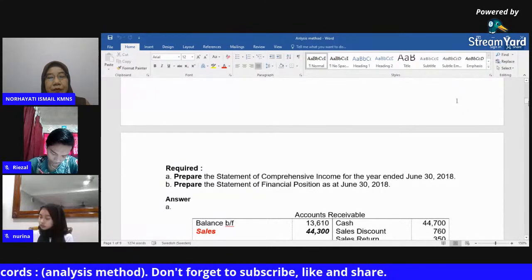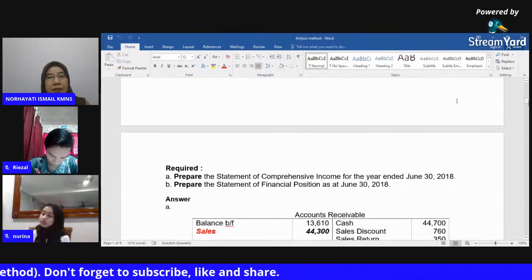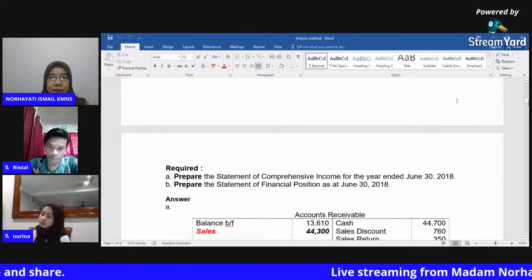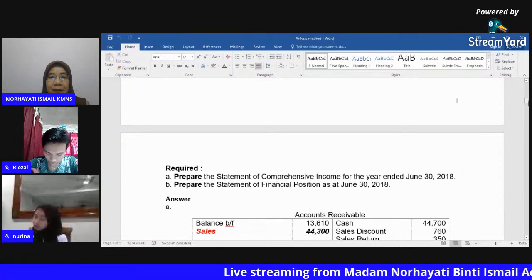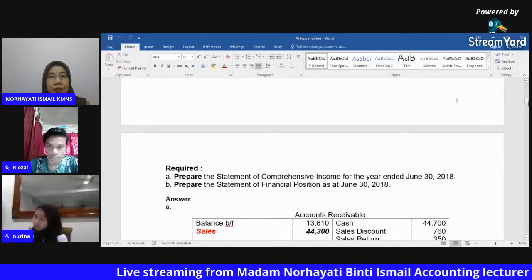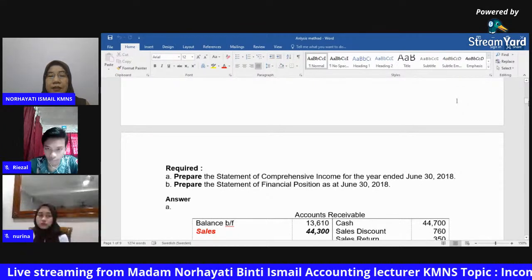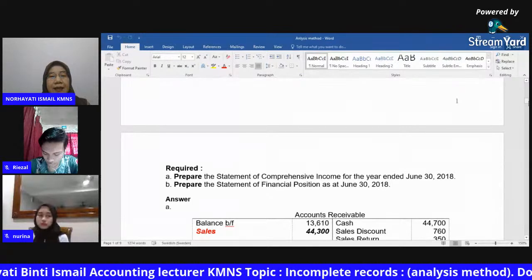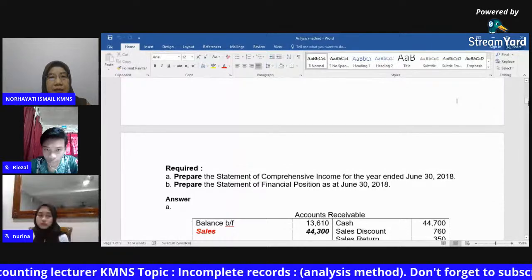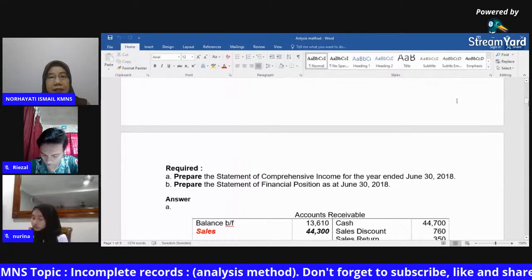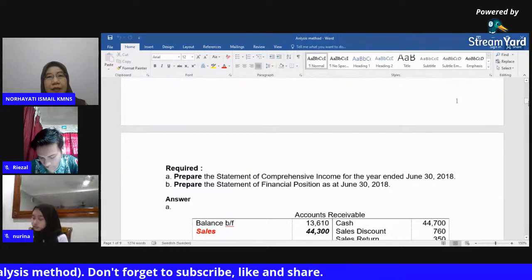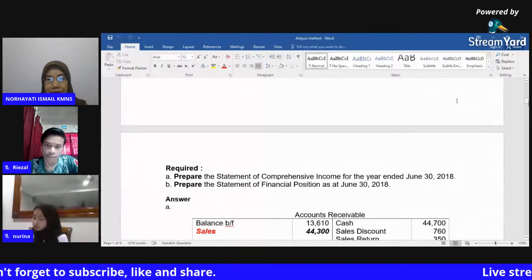Number four, you must prepare the adjustment for revenue, either revenue receivable or unearned revenue. Number five, you must look at the information: there is an adjustment for depreciation, bad debts, and sometimes there are a few transactions not recorded in the journal. And the last one, you must refer to the drawing in the additional information. After that, you must prepare the opening capital.